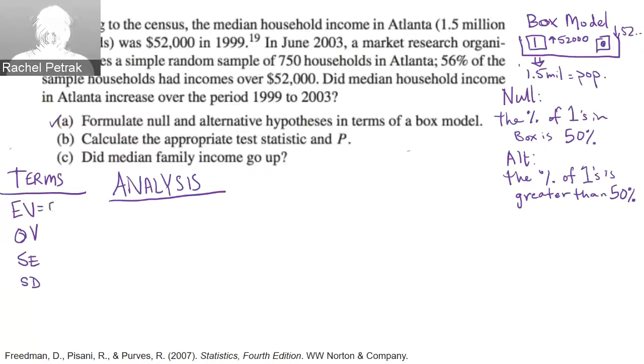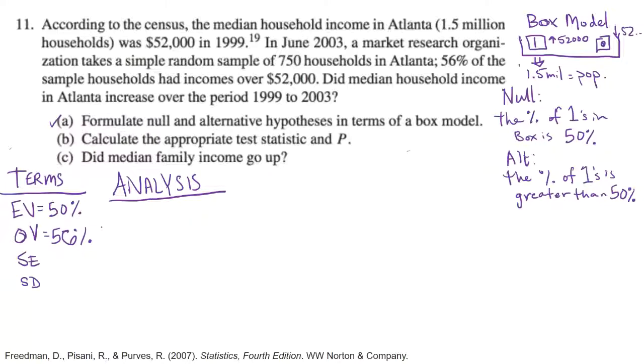Our expected value is 50%, right? 56% of our sample households had incomes over $52,000. So that's our observed value. We can put these in terms of numbers too. But we can work it like this. So let's do it.